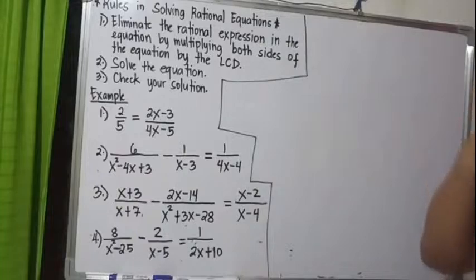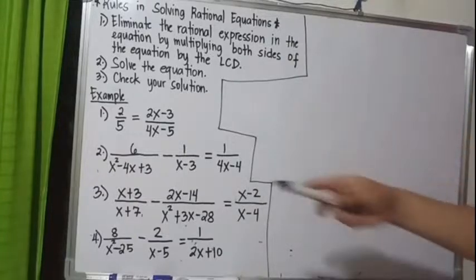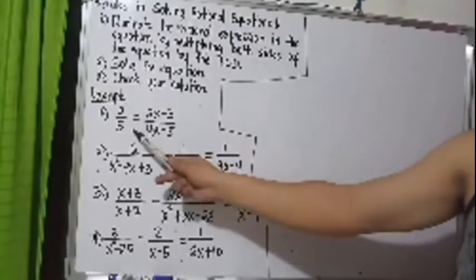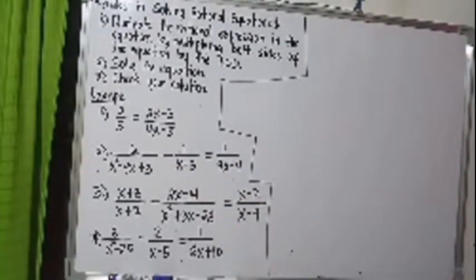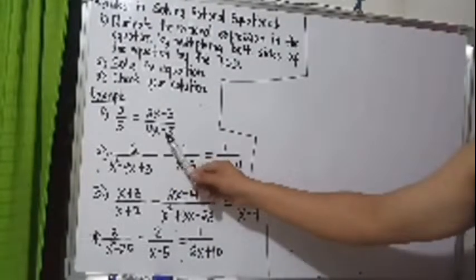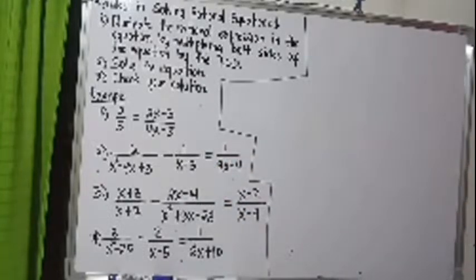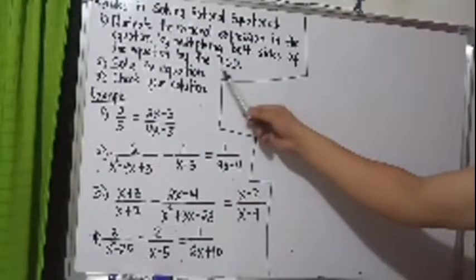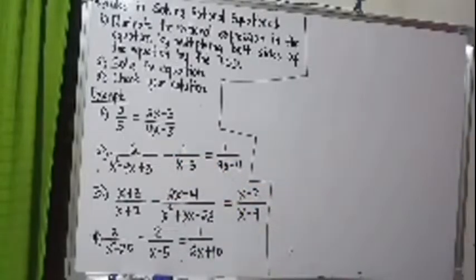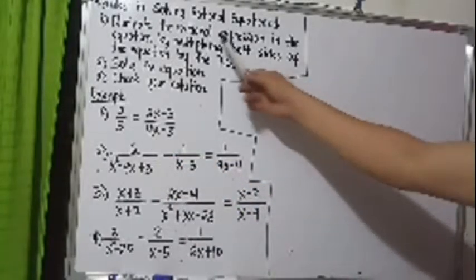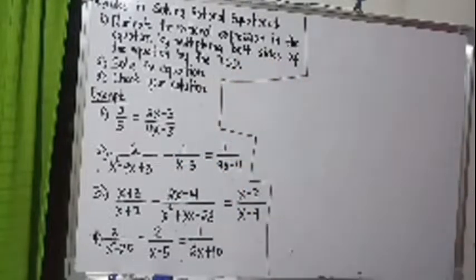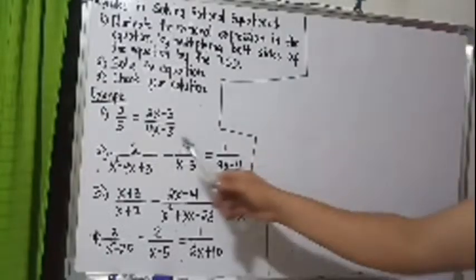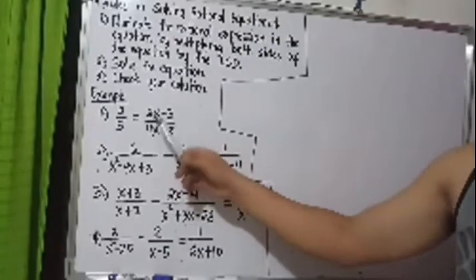For example number 1, we have 2 over 5 equals 2x minus 3 over 4x minus 5. So hanapin natin yung LCD based on this given example so that we can eliminate the rational expression in the equations by multiplying both sides of the equation by the LCD.